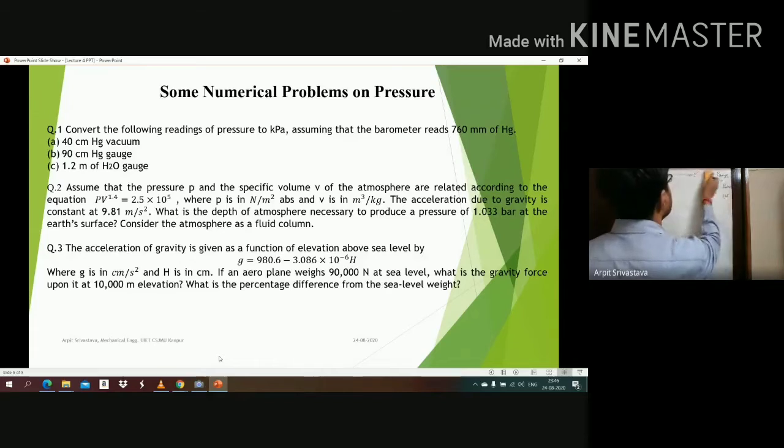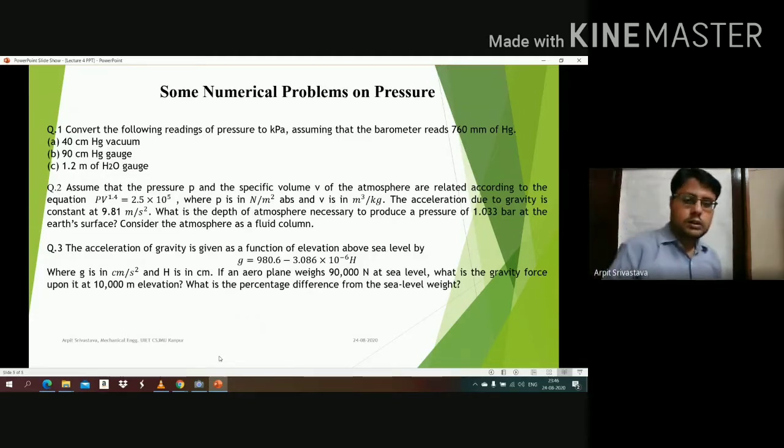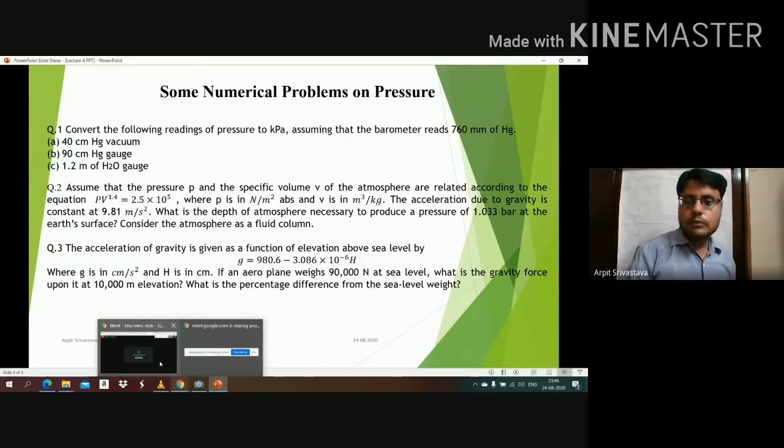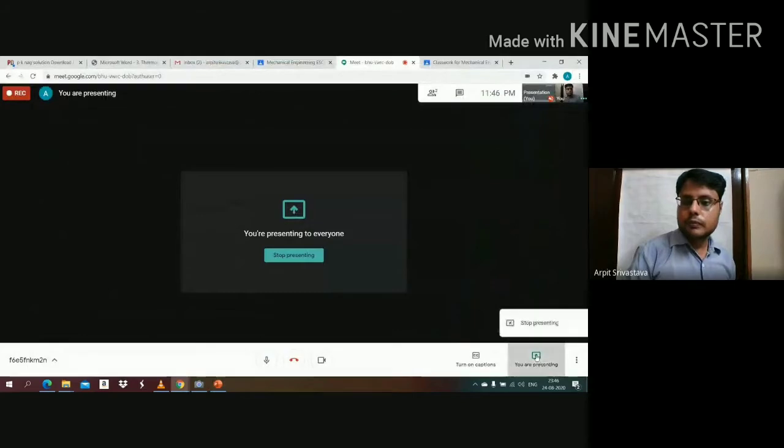Okay, so firstly I am drawing the figure of that problem. So see the figure of that problem.